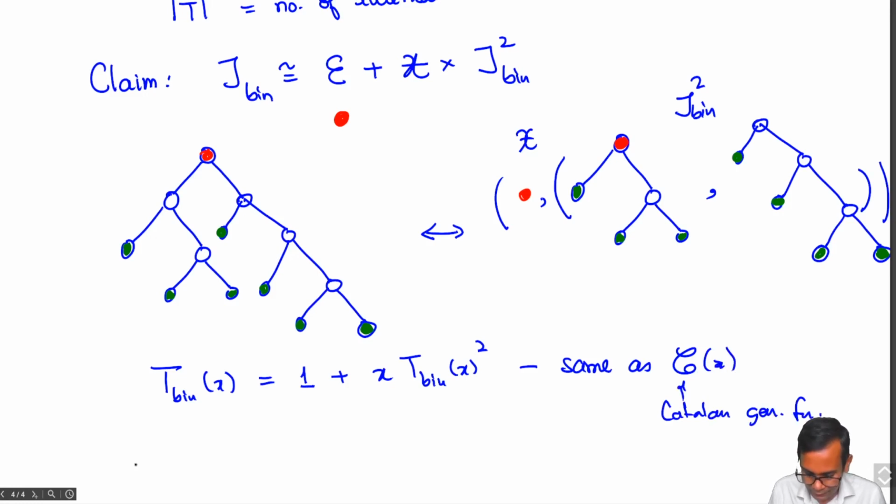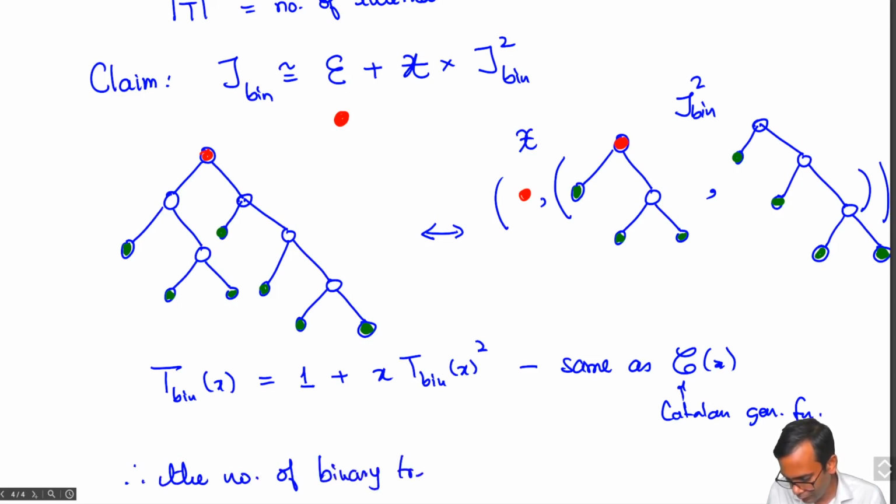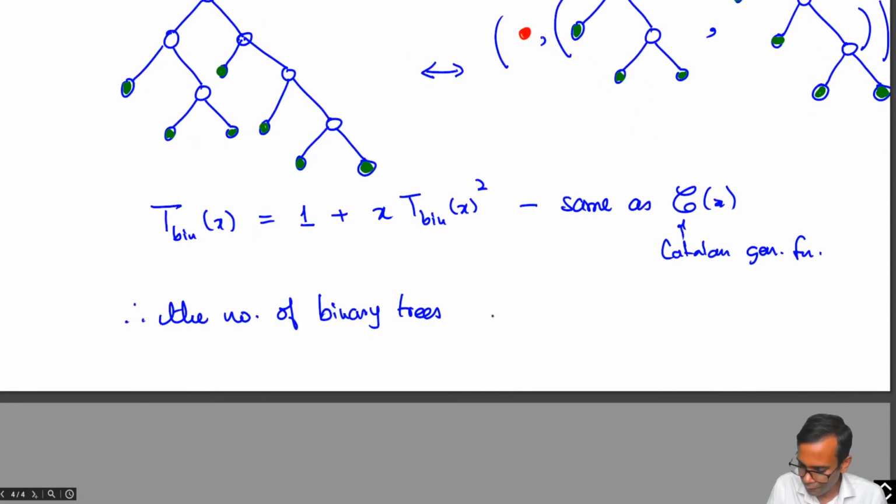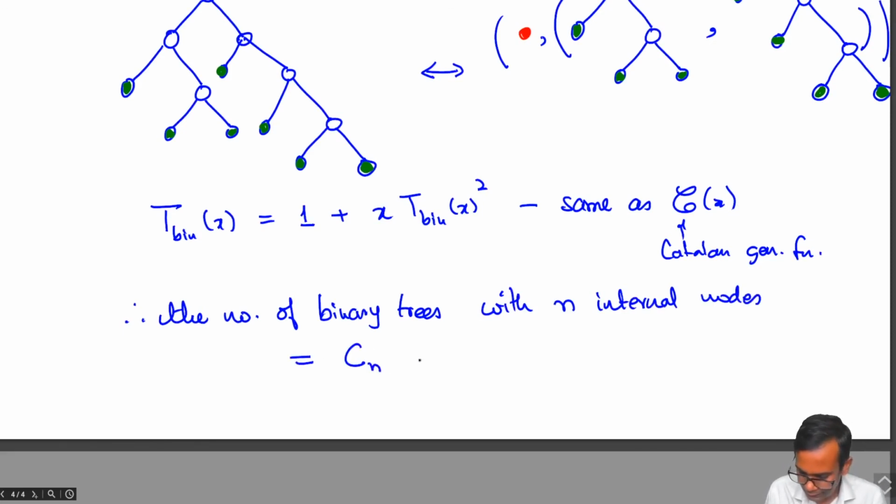Which implies that the number of binary trees with n internal nodes is equal to the nth Catalan number.